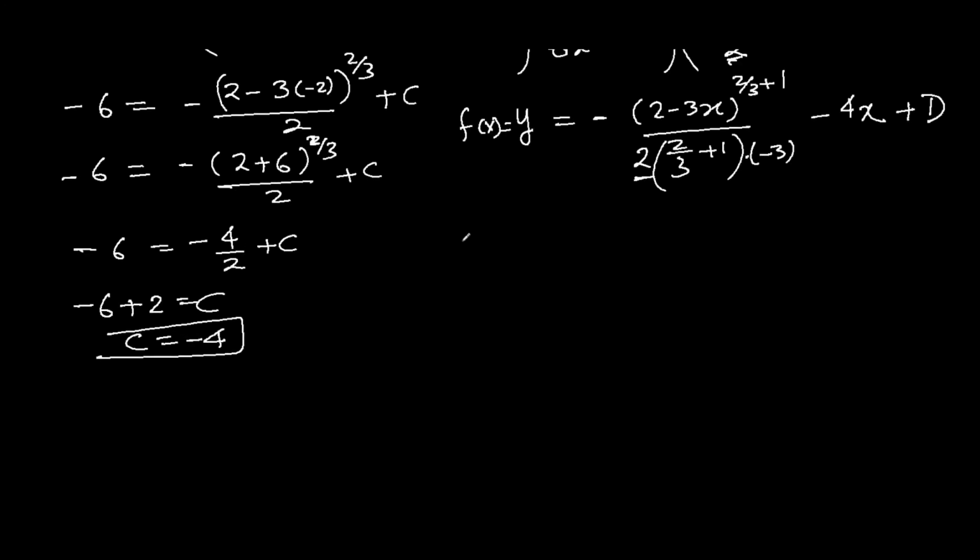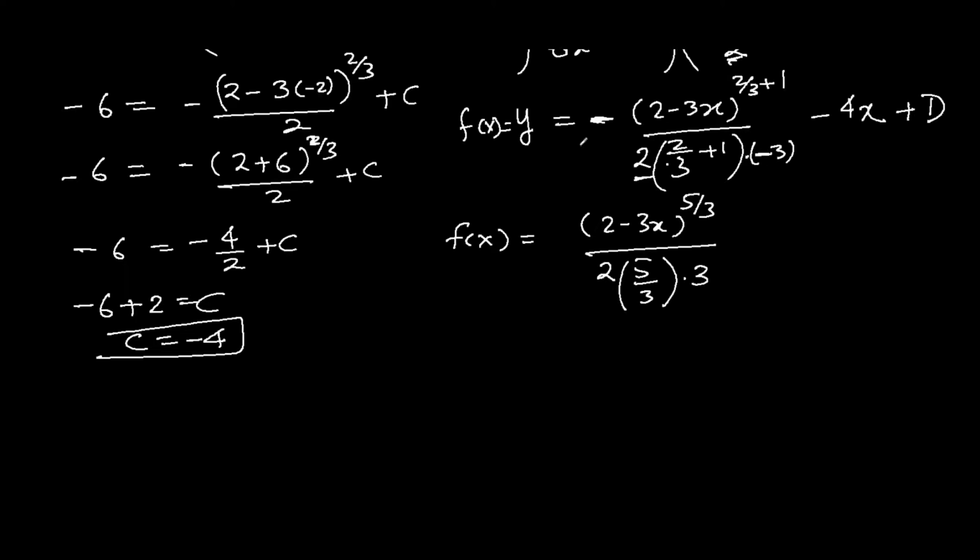All right, let's try to simplify this. Minus this minus and this minus 3 is minus, will make it positive, so ignore it now. 2 minus 3x to the power 5 over 3 over 2 times this will become 5 over 3, and then we have 3 only because minus has been taken care of, so 3 and 3 cancel, minus 4x plus d.